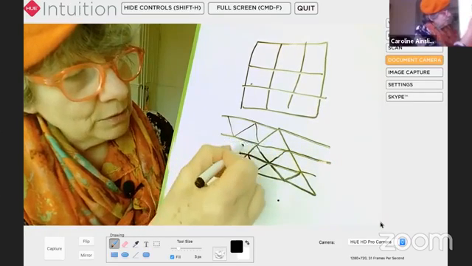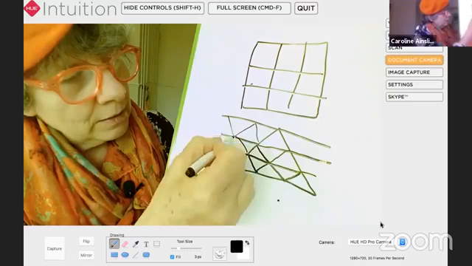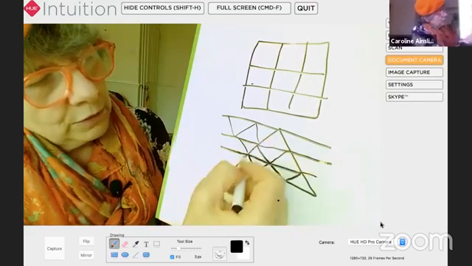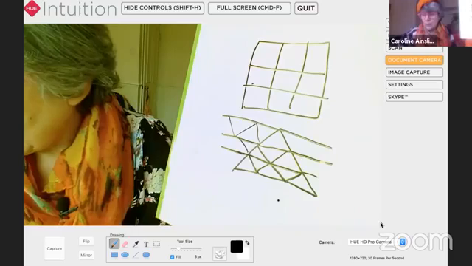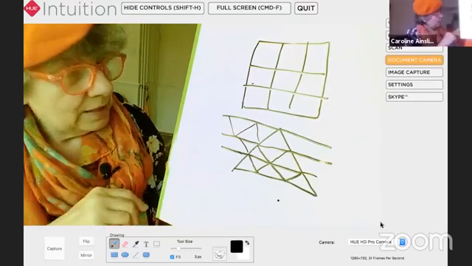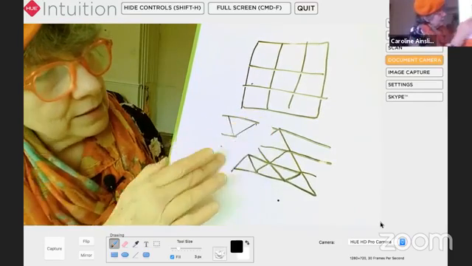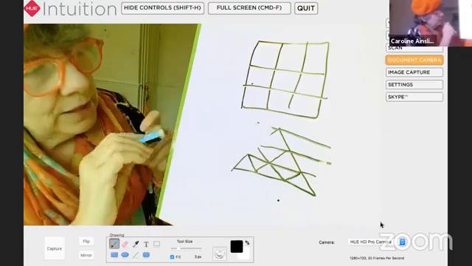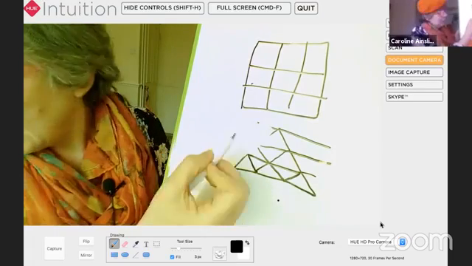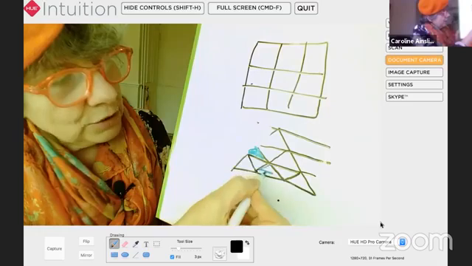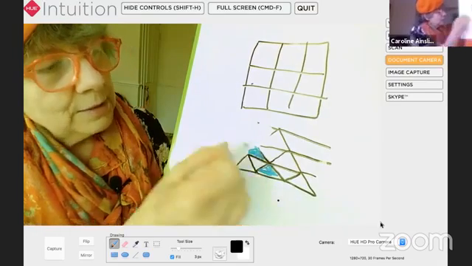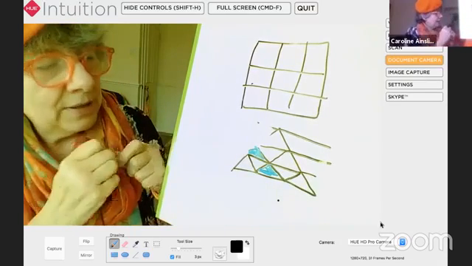The paper keeps going, but you just want to focus on that triangle, and you can do symmetry. You're only going to be focusing on that one little bit. If you've filled in that triangle there and that triangle there, you'd be looking for the symmetries in that. So that's just something else you can do.